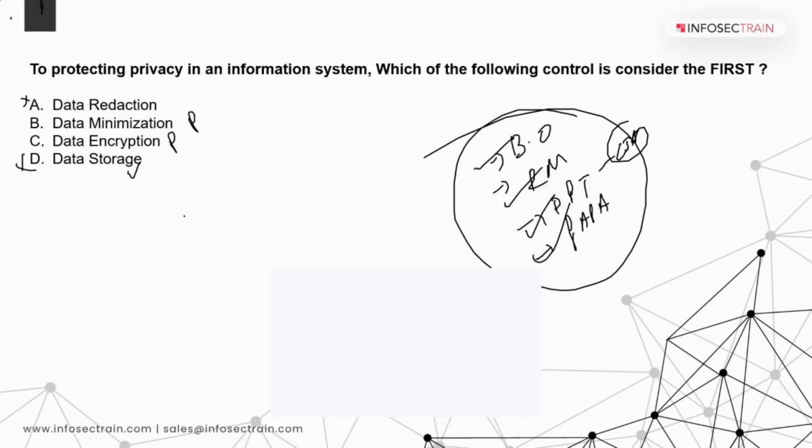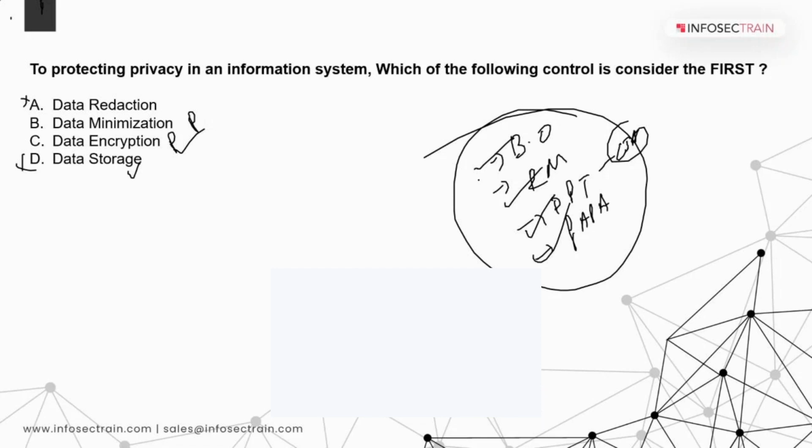So if you collect more data, you have more storage, more technology to protect it, and you need more resources to perform, right? So it's a huge cost. So here minimization meets your business objective. Yes, you have less data, you just store what is required. Data encryption, yes, is a business requirement, you have to protect data, so it's also meeting the business requirement.